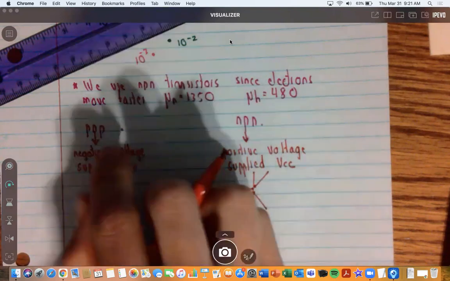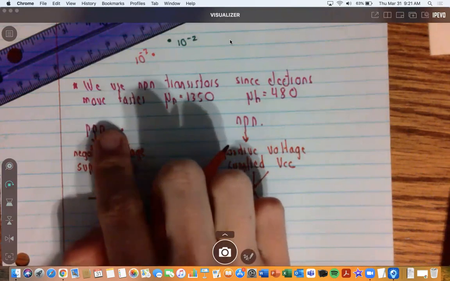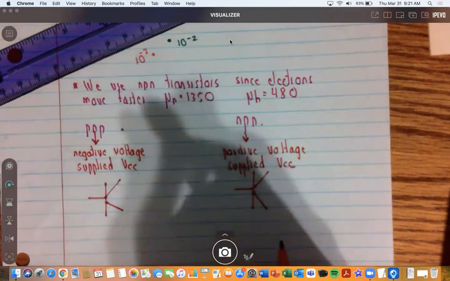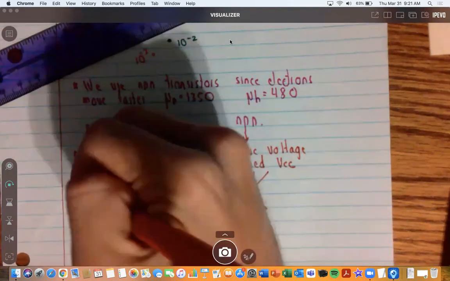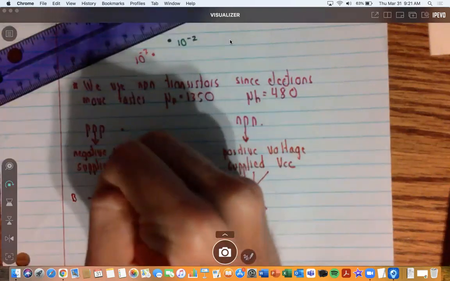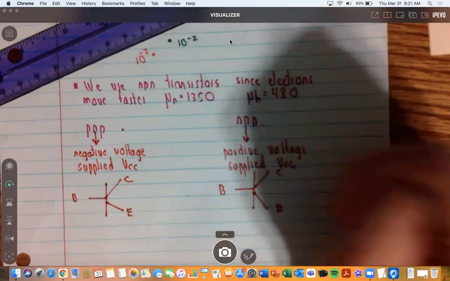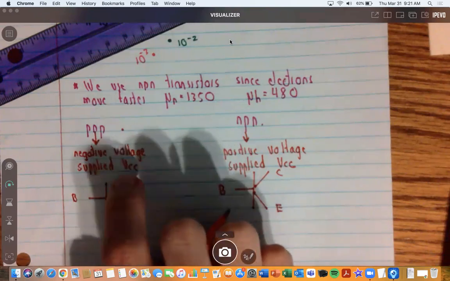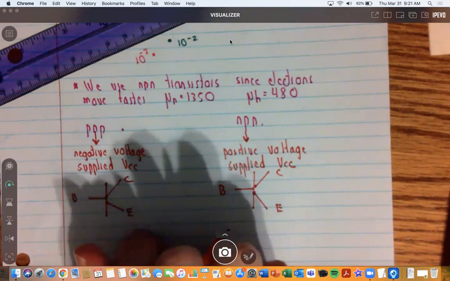We know electrons are in the N region and holes are in the P region, so it's more positive in these P regions here. Basically, this is always our base, then we have our collector, then our emitter. I like to keep the configurations the same when I draw the symbol so I don't get confused. And if it goes from positive to negative, like a diode, how we like to think of it is that between the base and the emitter there's a diode drop.